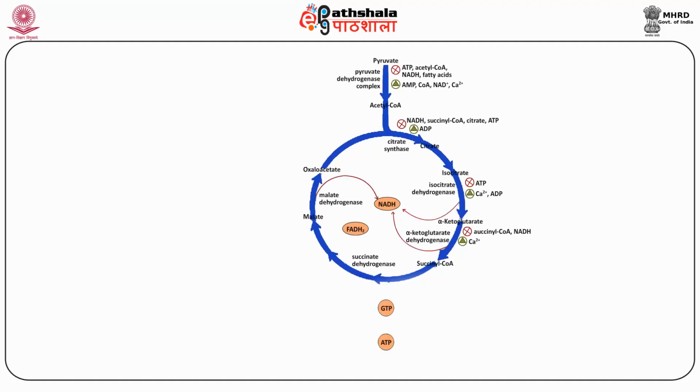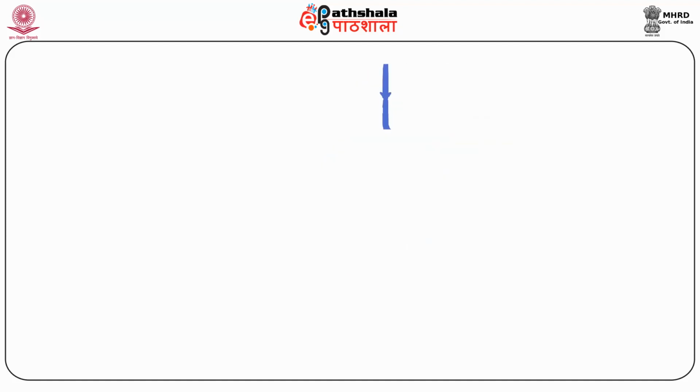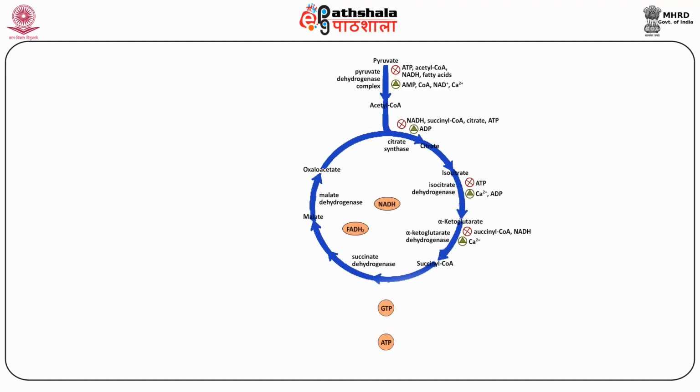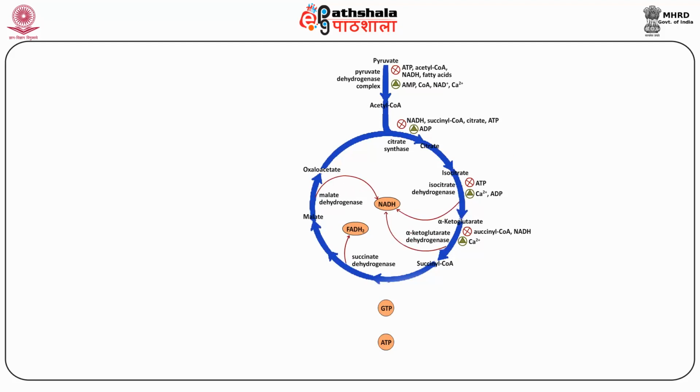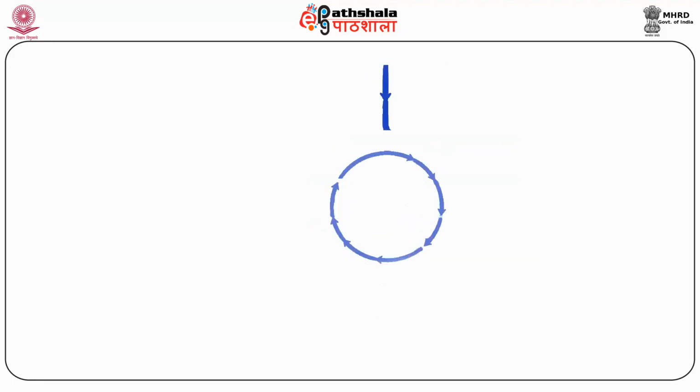NADH, a product of oxidation of isocitrate and alpha-ketoglutarate, accumulates under some conditions, and when the NADH to NAD+ ratio becomes large, both dehydrogenase reactions are severely inhibited by mass action.